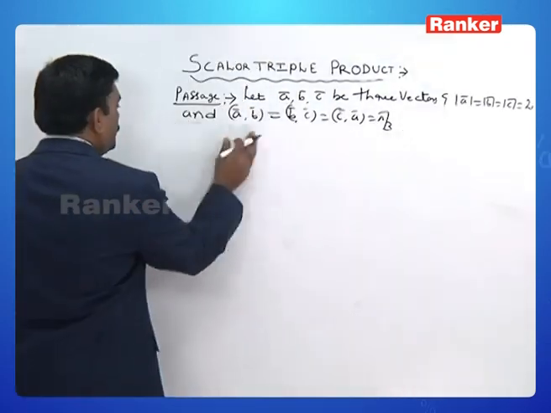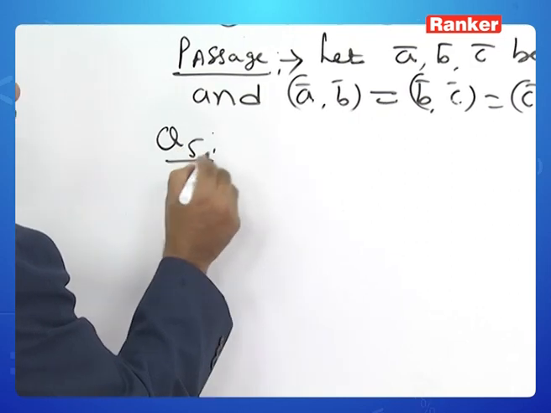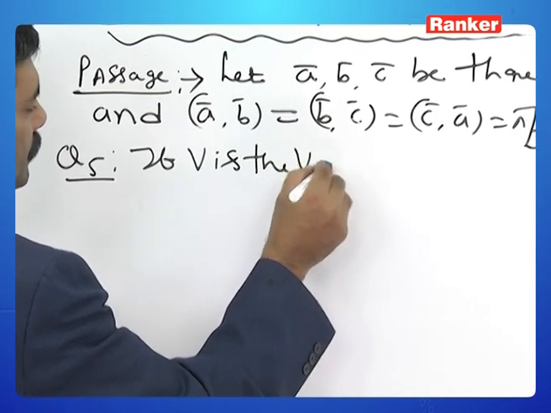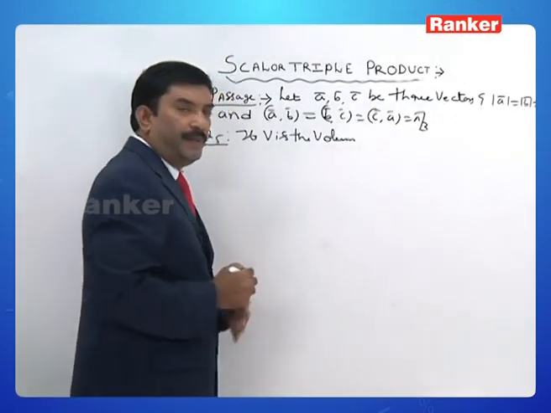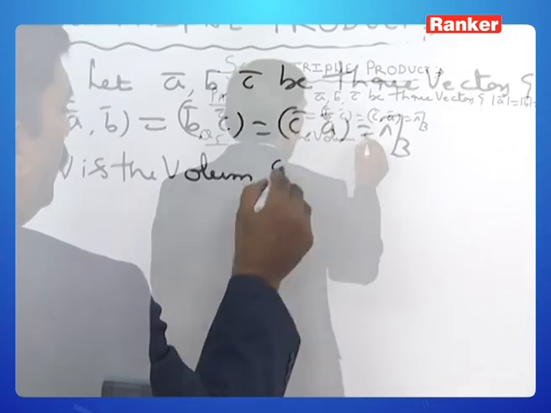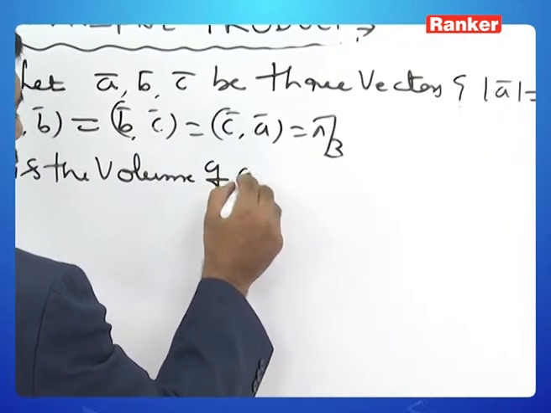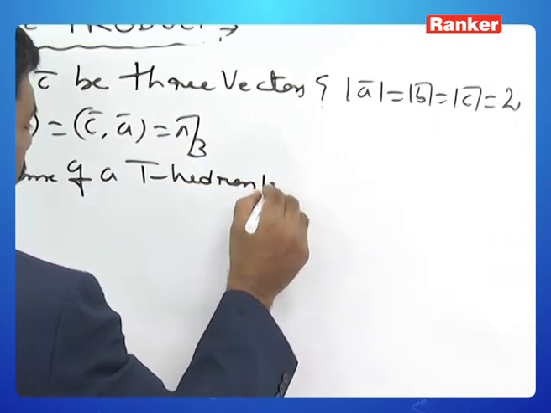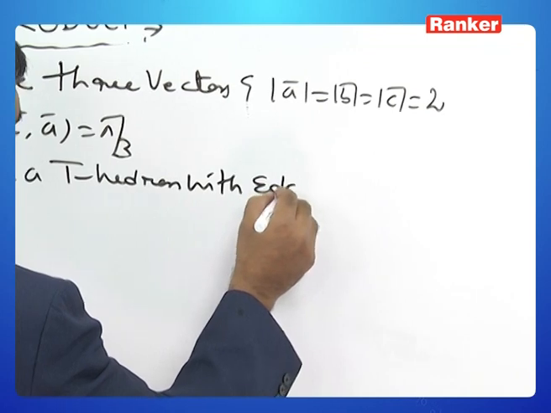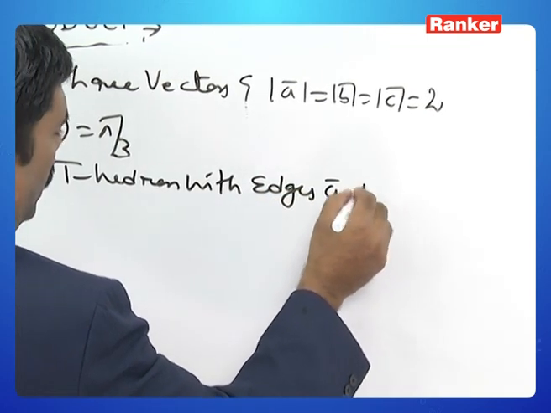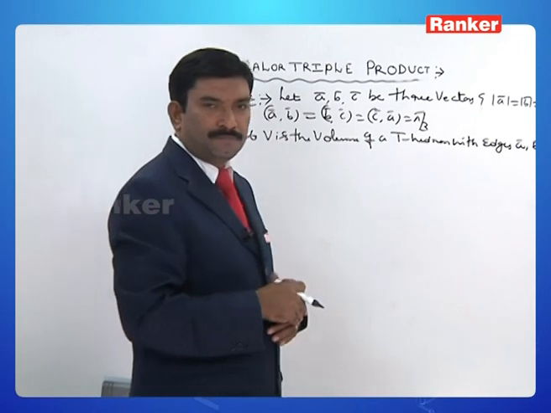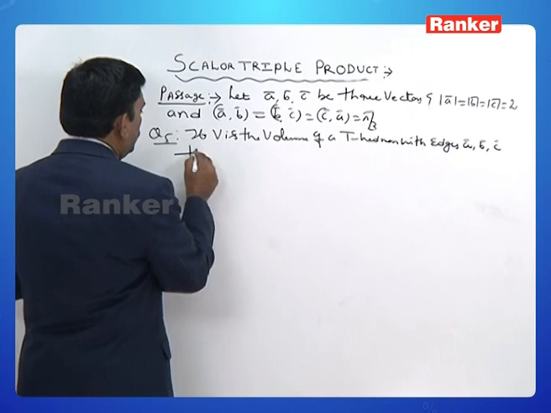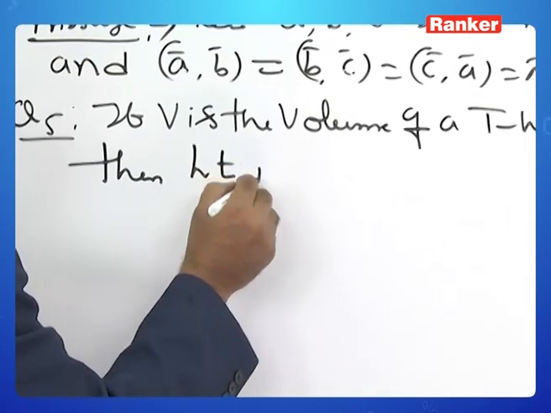The fifth question is, if V is the volume of a tetrahedron with edges A bar, B bar, C bar, then height is dash.